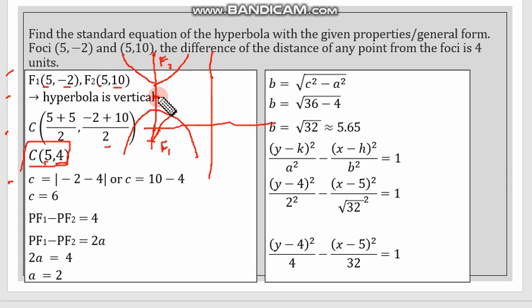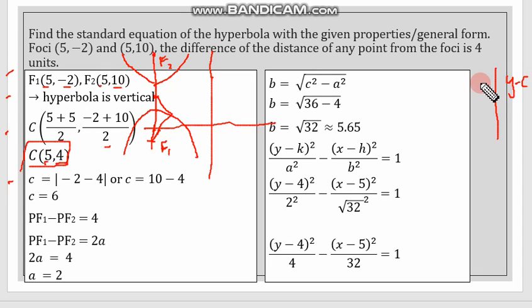We subtract the y-coordinate of our center from the y-coordinate of our focus, because this is vertical, which is -2 or 10.